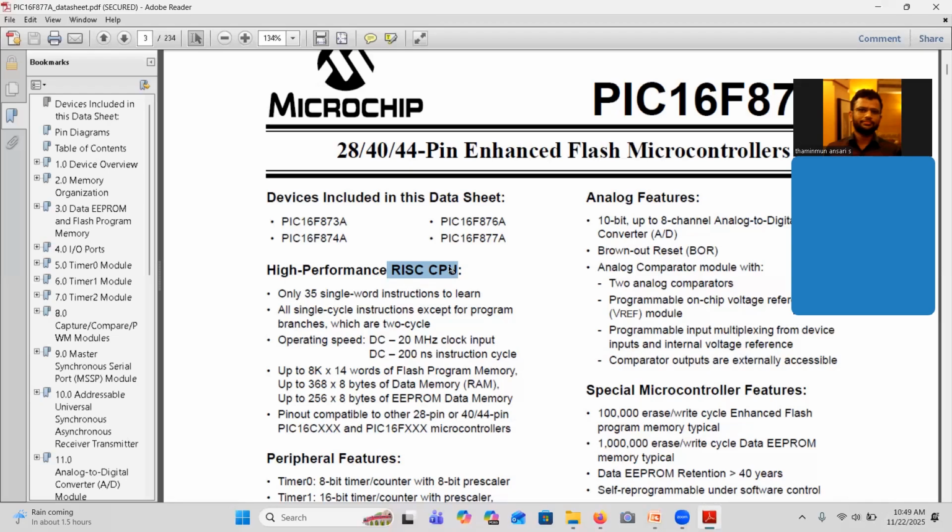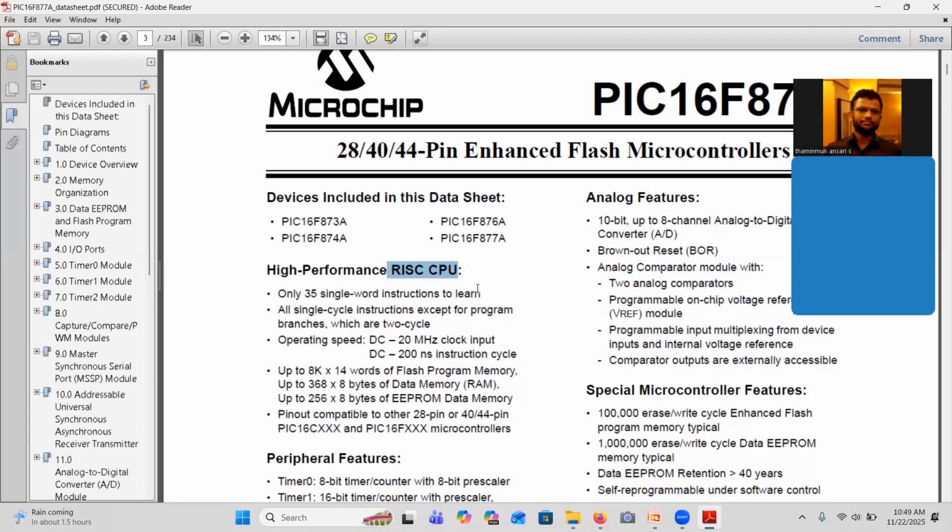There is another architecture. What is that one? Like RISC, we have another one, called the complex instruction set CPU. Now, only 35 single word instructions to learn.